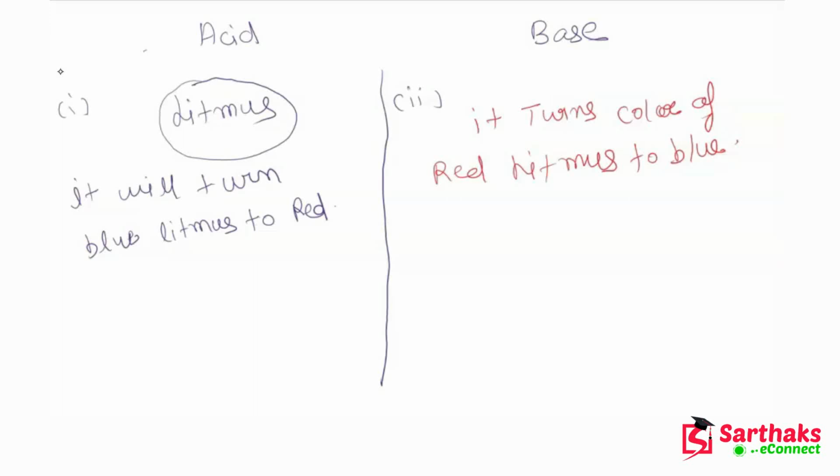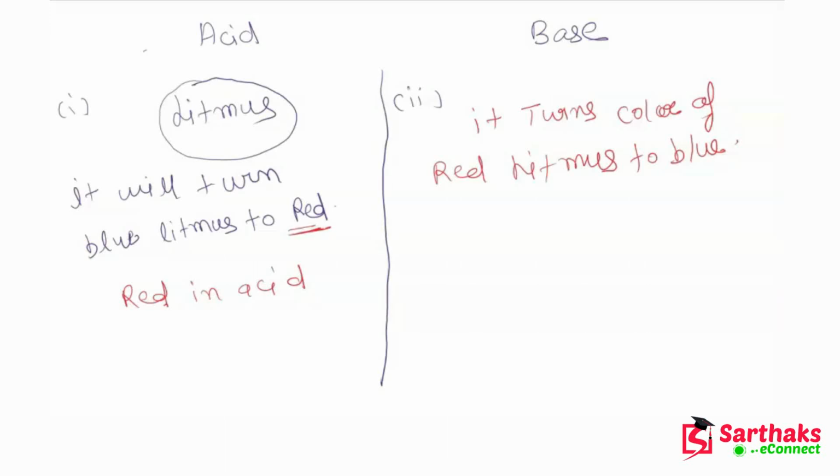So basically, guys, what happens when you add an acid to red litmus solution? Red litmus solution will remain red in acid. Why? Because blue litmus paper turns into red, but red will remain red in acid.